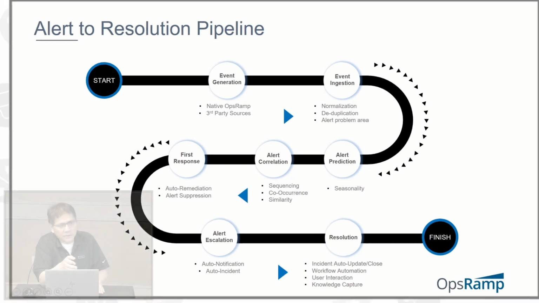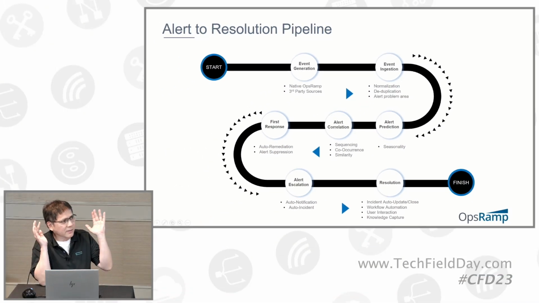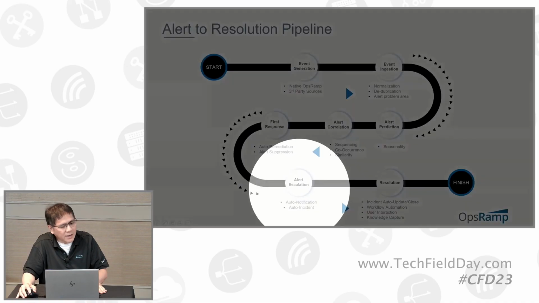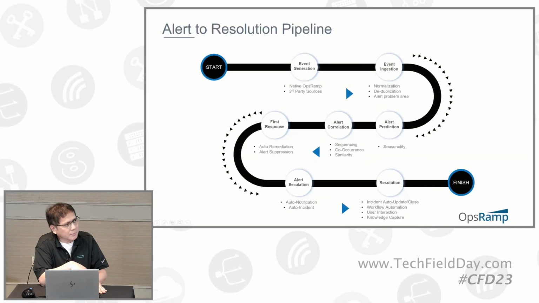Now, if the alert goes away within 10 minutes, then great, awesome. The alert went away, no harm, no foul. But after 10 minutes, if the alert is still active, then it goes to the escalation phase. And we have a whole process to do alert escalation. For alert escalation, you could have it send you email, text, or voice.